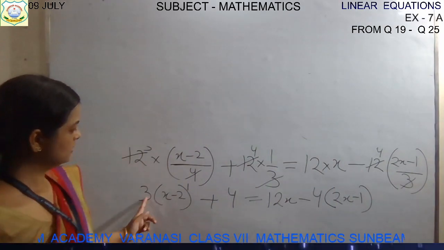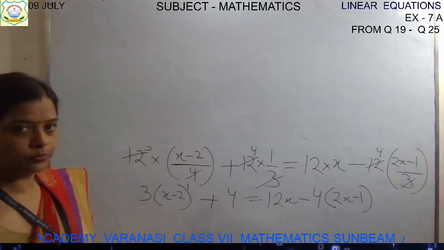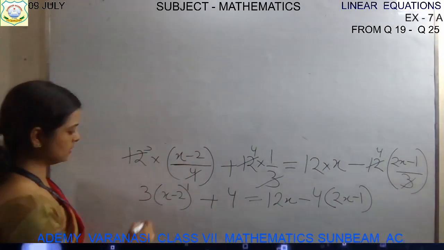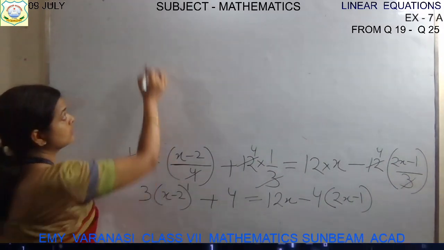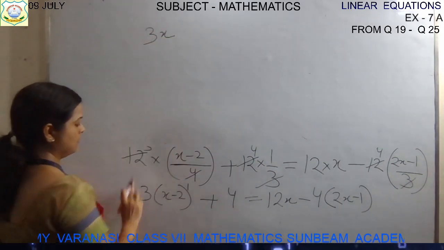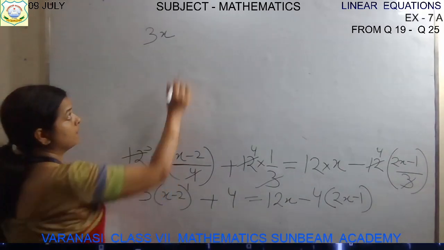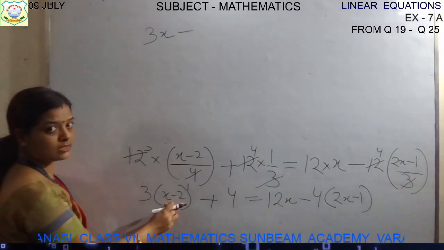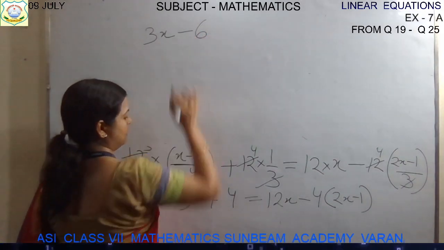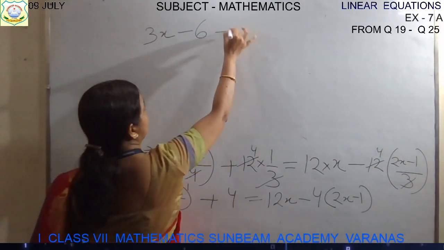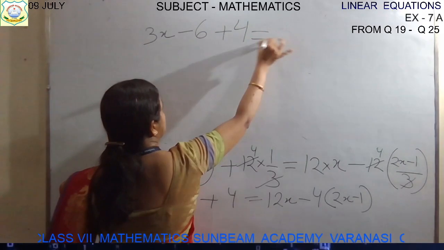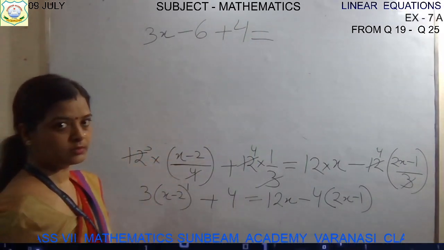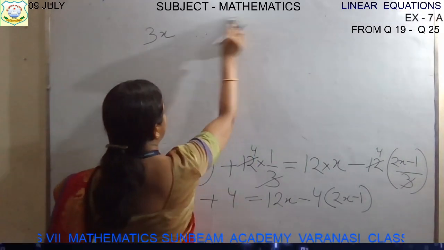Let's solve it. 3 into (x minus 2): 3 into x, 3x, plus minus 3 into 2. 3 twos are 6, so 6 will come. Plus 4 is equal to, it's not looking nice, children.